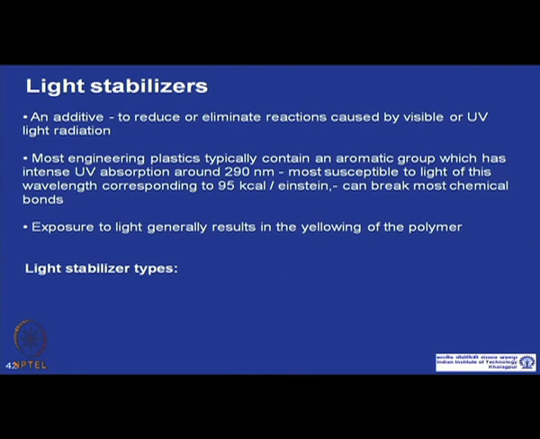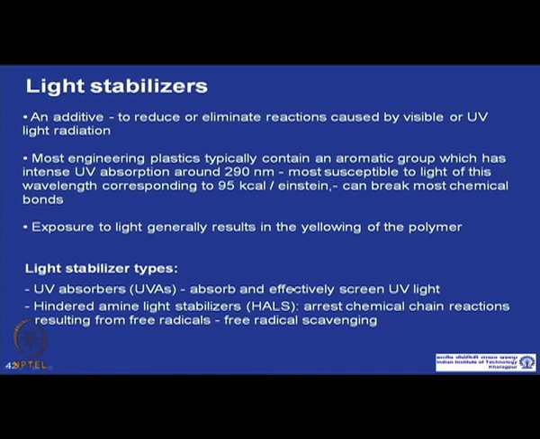So, you can use two or three types of UV stabilizers. One, UV absorbers, which basically absorb and effectively skin the UV light from interacting with the bulk of the polymer matrices.